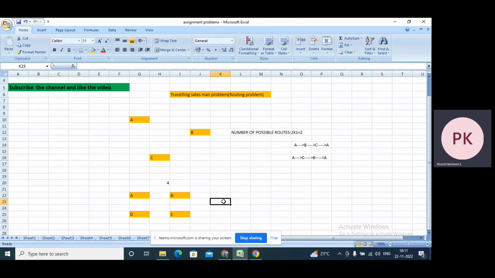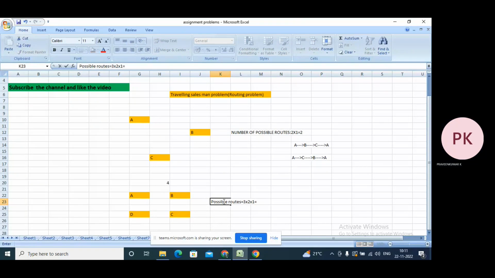In this case, since the cities are 4, the possible routes are 4 minus 1, that is 3, so 3 into 2 into 1, which equals 6. There are 6 possible routes when there are 4 cities.